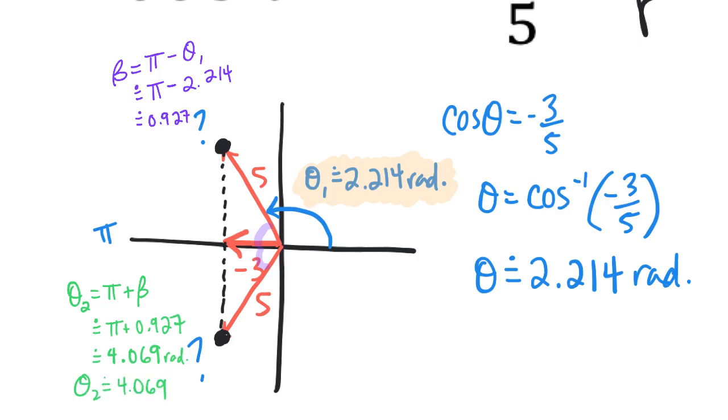So I think that this is my answer, that theta 2 is 4.069 radians, but I need to look at my graph to decide. So I can see 4 radians would be, I know that pi is a little more than 3 radians, because all the way around is a little bit more than 6.